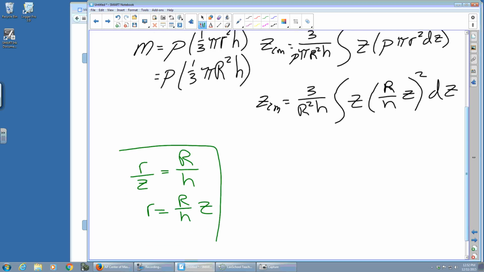So one more rearrangement before I dive into my calculus. I'm going to have 3 R squared H out here times R over H squared. Those are all constants. In here, I've got z cubed dz.